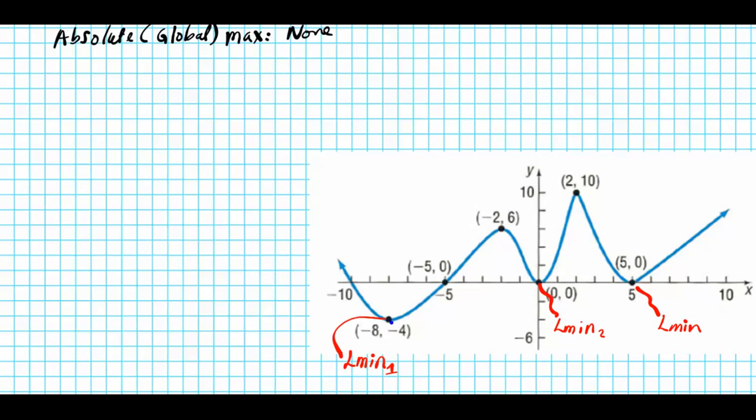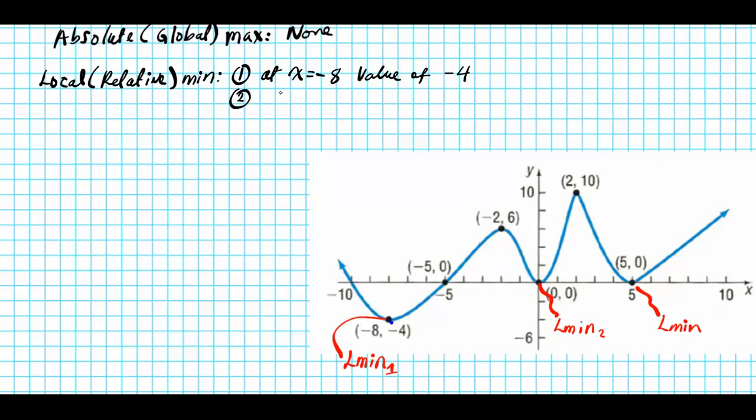So let's go ahead and write it down. Our local, also known as relative, minima are as follows. We have three of them. The first one is at x equals -8, with a value of -4.